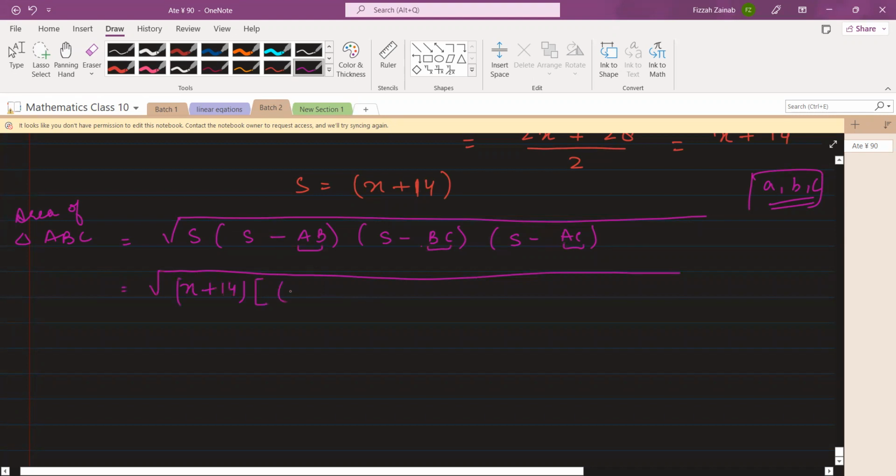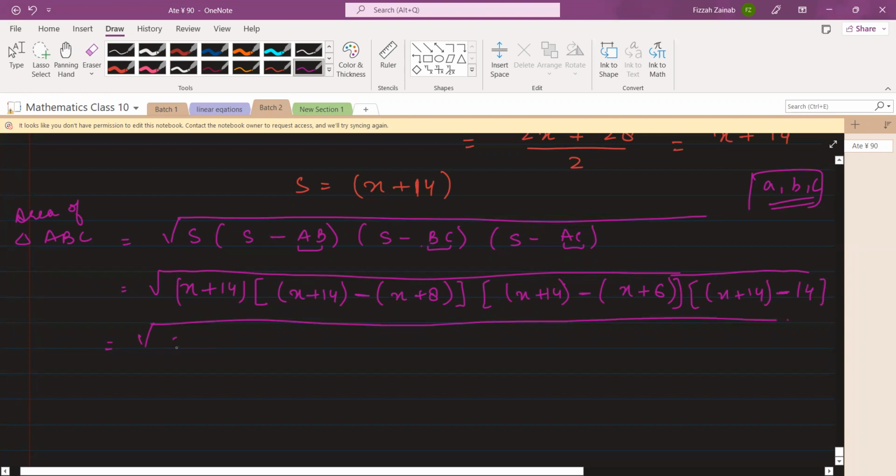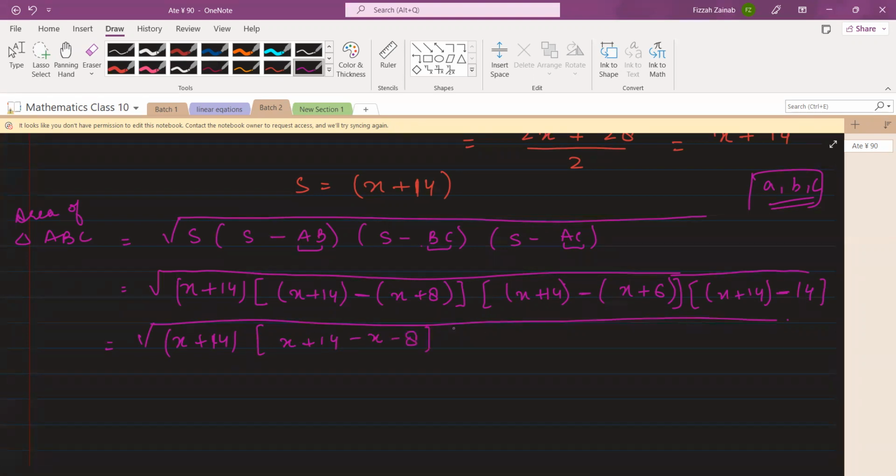S minus AB. So S is x plus 14 minus AB, which is how much? x plus 8. Okay. Then x plus 14 minus x plus 6. Then x plus 14 minus AC was 14, I think, right? Yeah. Okay. So this is x plus 14 into, so that becomes x plus 14 minus x and minus 8, right?